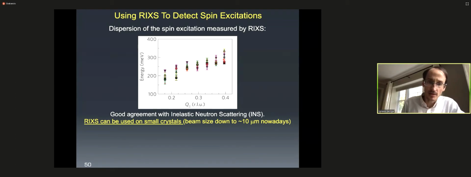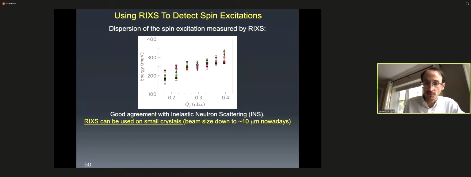And that's in good agreement with inelastic neutron scattering. What I'm saying is that inelastic neutron scattering would show you a spin wave dispersion like that in an undoped sample. So RIXS was now able to see that spin wave dispersion in the doped sample.